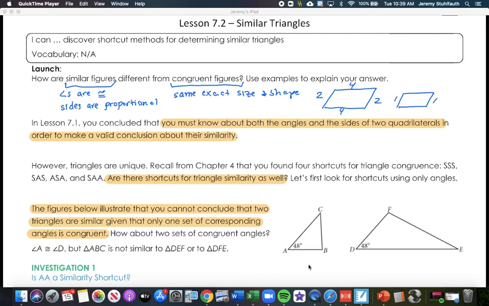This angle is congruent to that angle, and so forth, and the sides are proportional to each other. So let's say this is 2 and 1, then this would be 4 and 2. The sizes of the sides of the polygons are proportional.